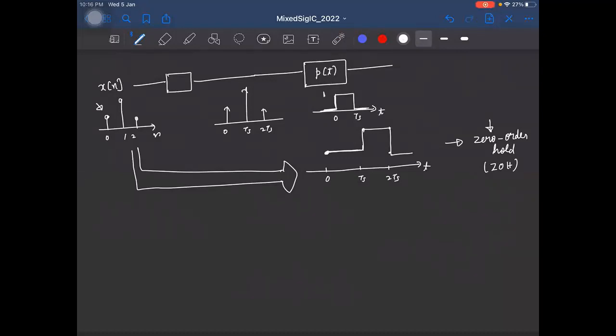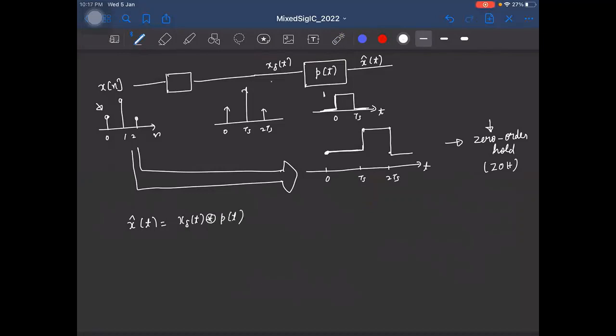So let's convince ourselves that this operation indeed generates this signal. Okay. So again, let's say this input is x delta of t. I call this x hat of t, let us say. How is x hat of t related to x delta of t? x hat of t is x delta of t convolved with p of t.